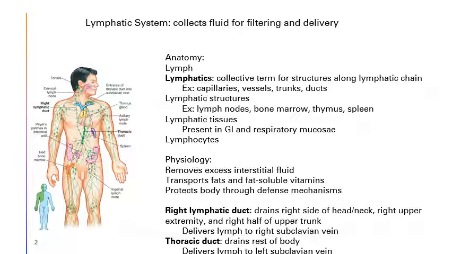So when you look at this guy, he's definitely not looking like he's balanced. The right looks different from the left, or the blue looks different from the green. So this is part of the right lymphatic duct, which is draining the right side of the head and the neck, and the right upper extremity or right upper arm, and the right half of my upper body and my upper subclavian area.